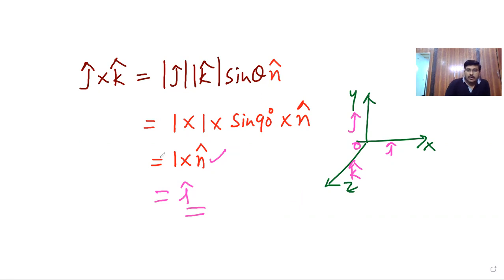Okay. Now, this is how you can make use of the right hand thumb rule. Now, I am generalizing the statement. I bar cross J bar is equal to K bar. J bar cross K bar is equal to I bar.